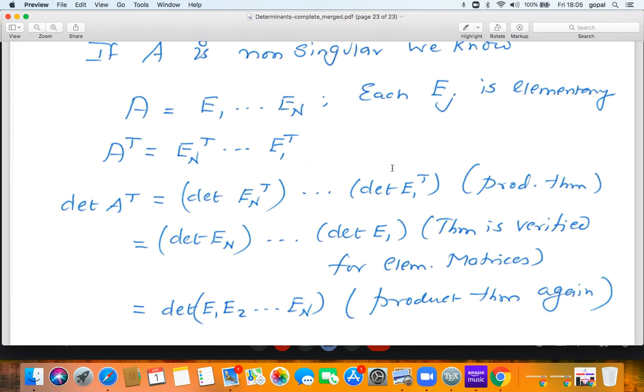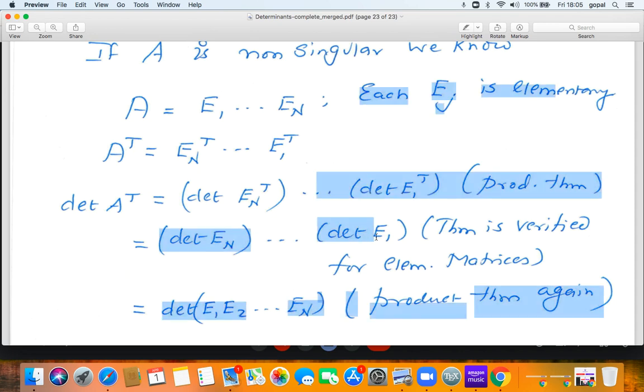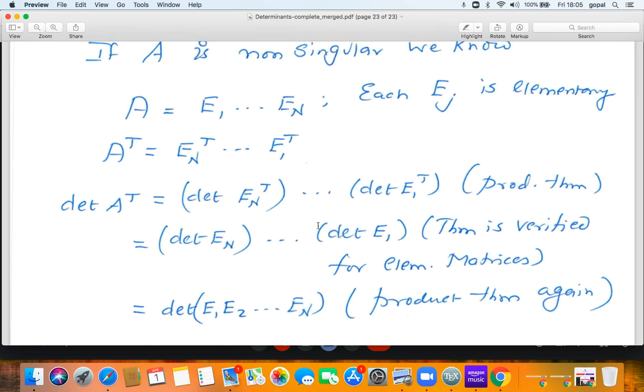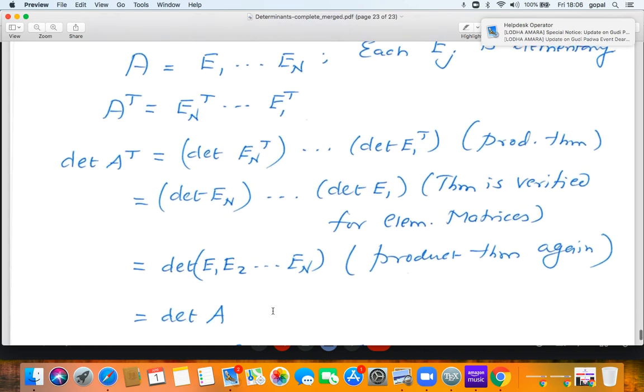Determinant of E(n-1) is a real number. So these factors are products of real numbers, and I can rearrange them in whatever order. I'll reverse the order of these determinants, and then again apply the product theorem, I get determinant of E1, E2, ..., En. That E1, E2, ..., En is A, and I get determinant of A.